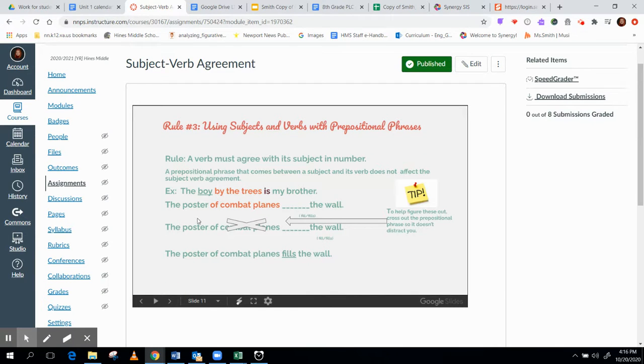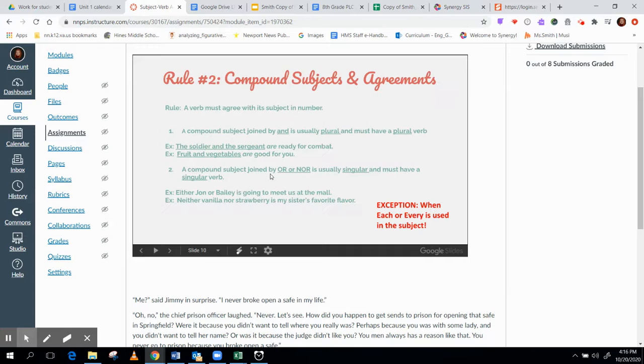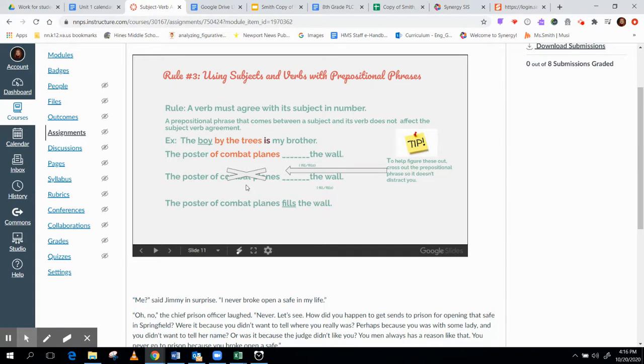Slide 11 shows you a way to find what verb goes in the blank by crossing out what are called prepositional phrases. To fix this sentence, the poster of combat planes blank the wall, I will cross out the prepositional phrase of combat planes.